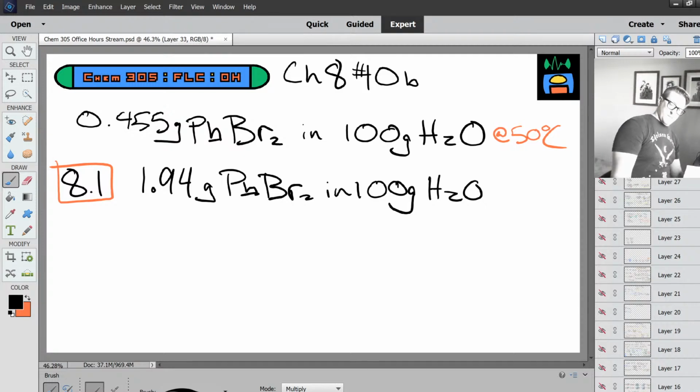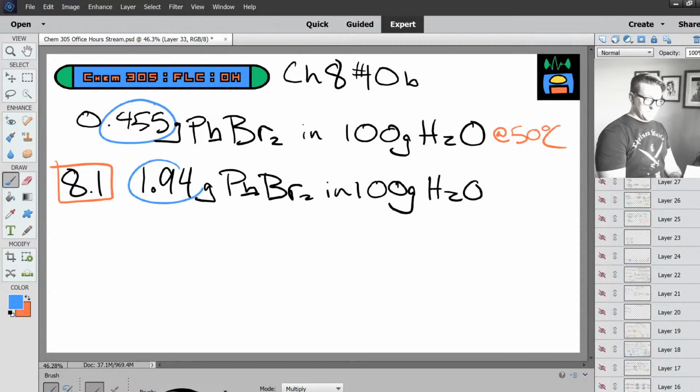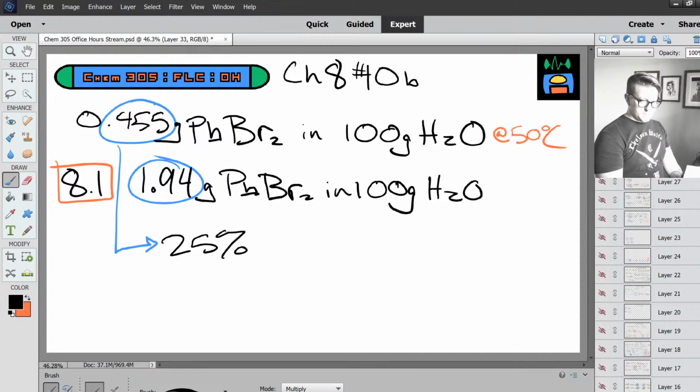So part B wants to know, is this concentrated or dilute? When you look at these two, this is 25% of the maximum amount.